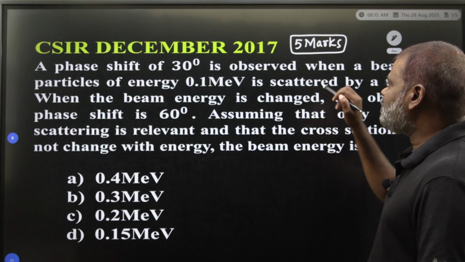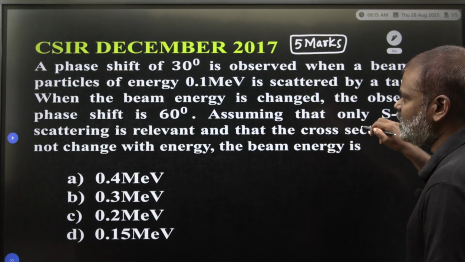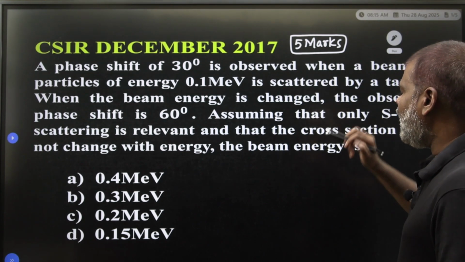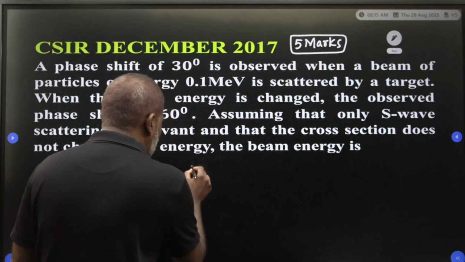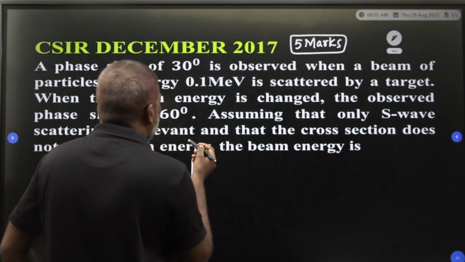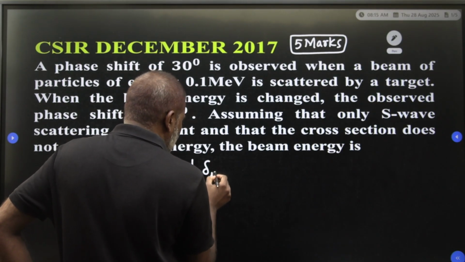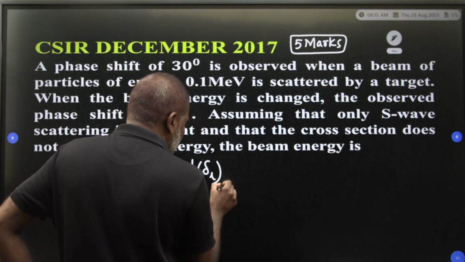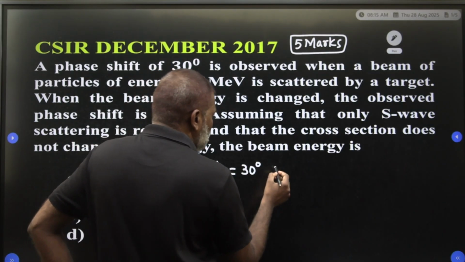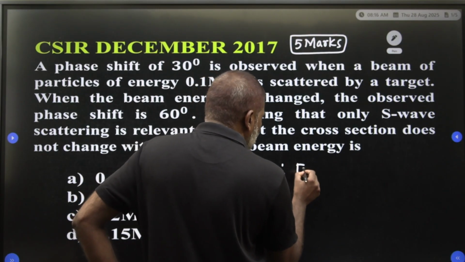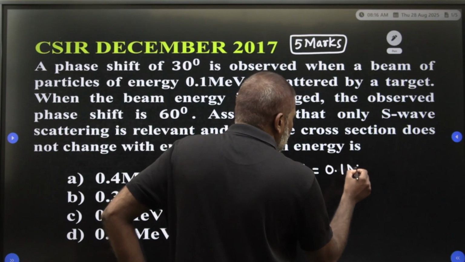A phase shift of 30 degrees is observed when a beam of particles of energy 0.1 mega electron volt is scattered by a target. First you have to write the data. So delta 1 is equal to 30 degrees for the energy of the beam of particles E1 equal to 0.1 mega electron volt.